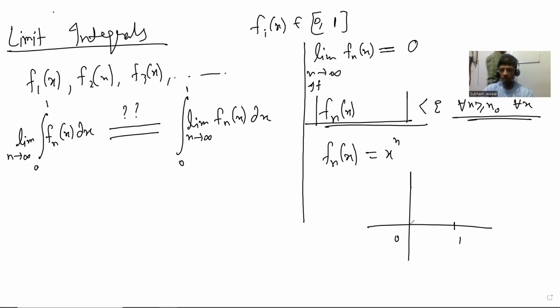You take f(x) equal to x, you take x square, you take x cube, but it doesn't work. This is actually the same thing as the previous problem, right? For a given epsilon, you can find delta 2 such that you can make all the f(x) values small for x between 0 and delta 2 for large enough n, but for 0 to 1 it doesn't work. This example doesn't work.